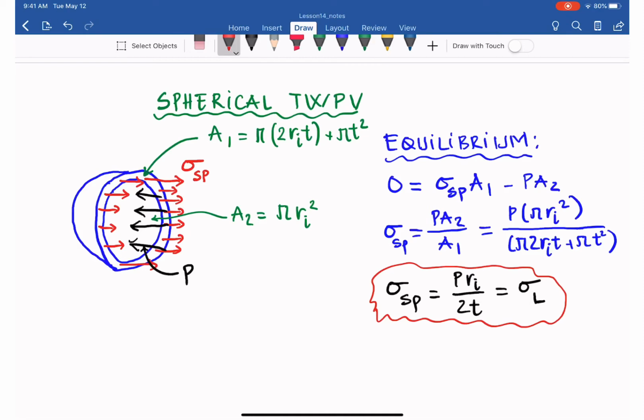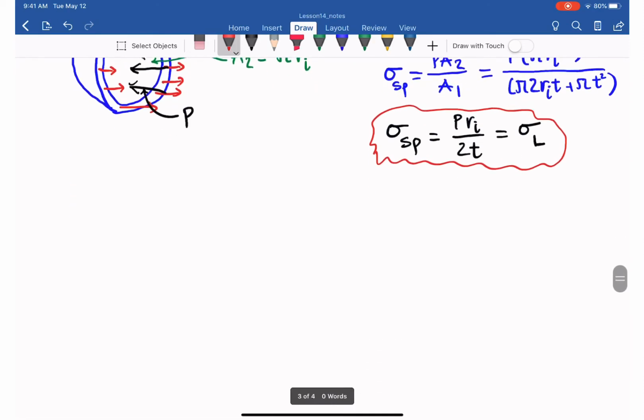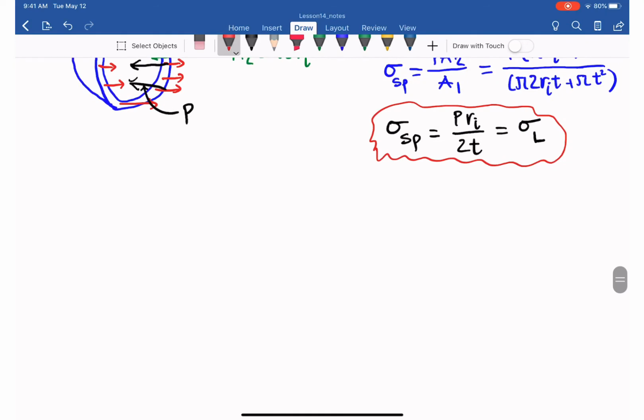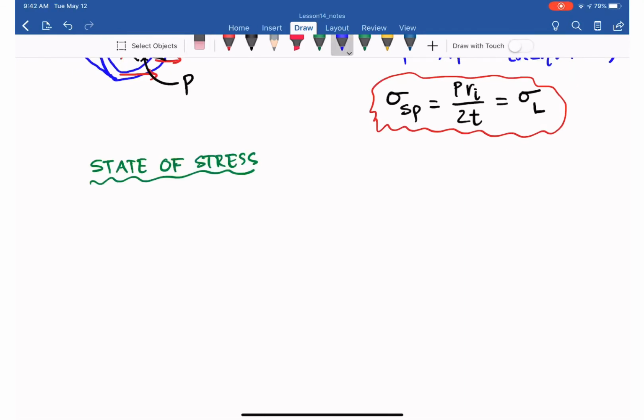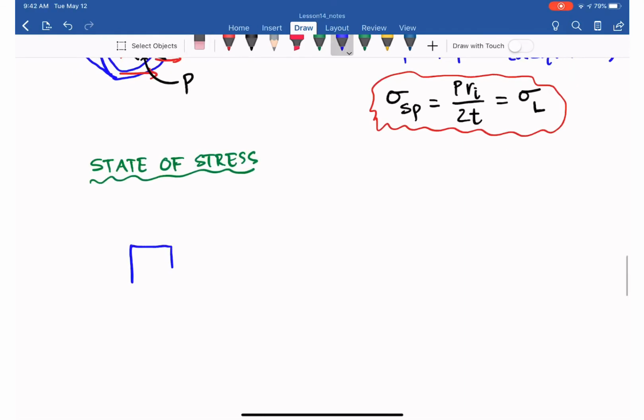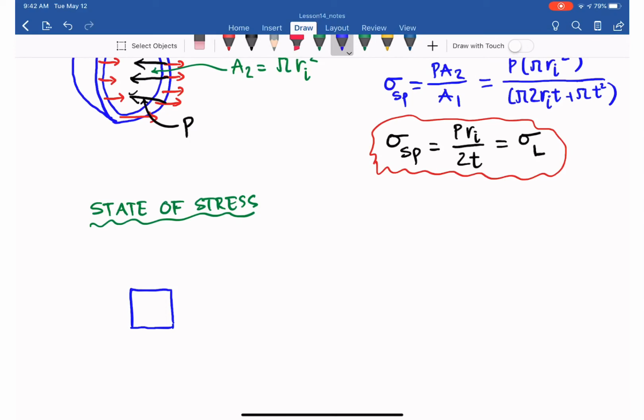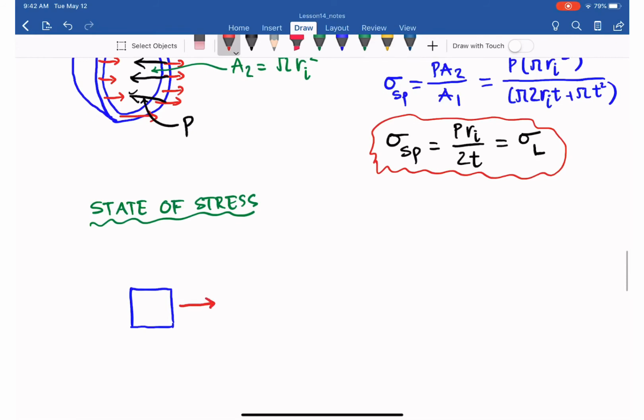in real life. And from that, let's go to the same as previously. We determine the state of stress and the Mohr's circle for the spherical tank. The state of stress is represented by a square block, and in this case, in any direction, we have sigma sphere.